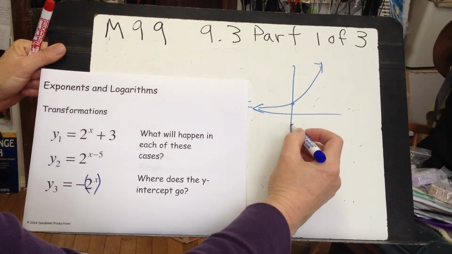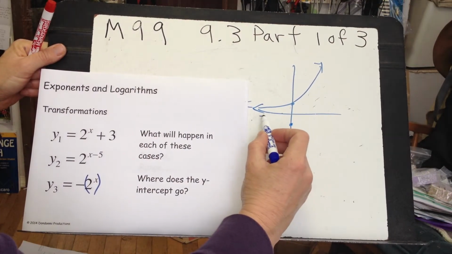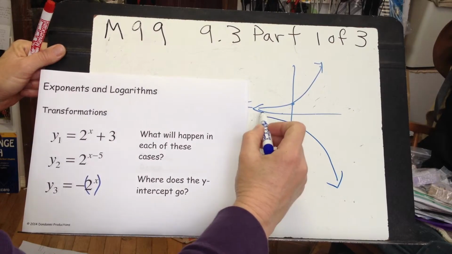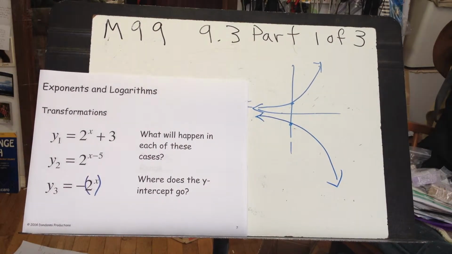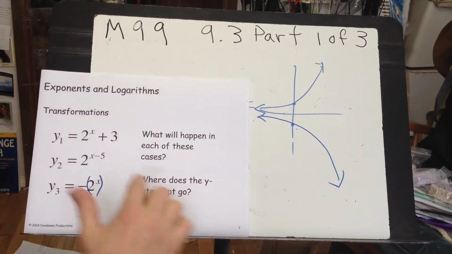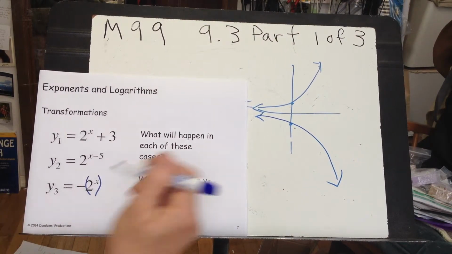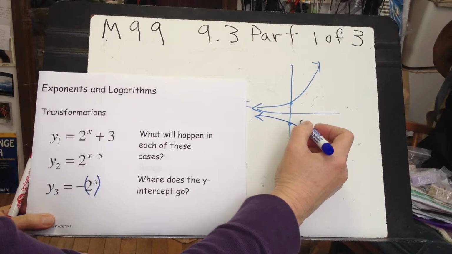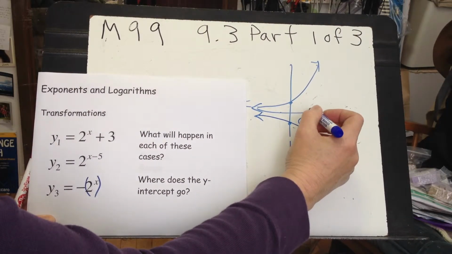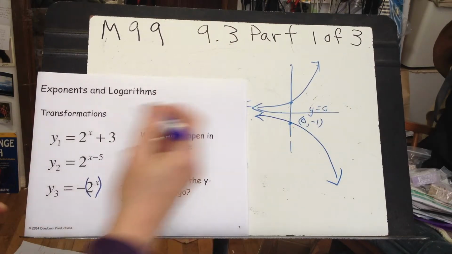This thing is going to flip over, so it's going to be like that. These things take practice in order to learn how to draw. Where does the y-intercept go? Now this one went to 0, -1, and the asymptote is still y equals 0.